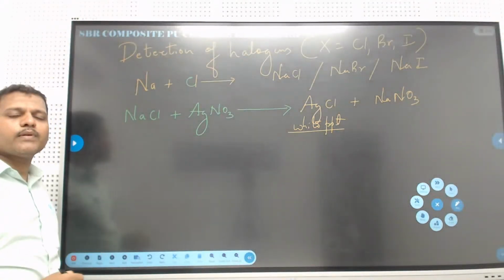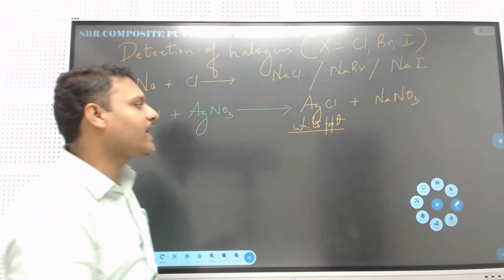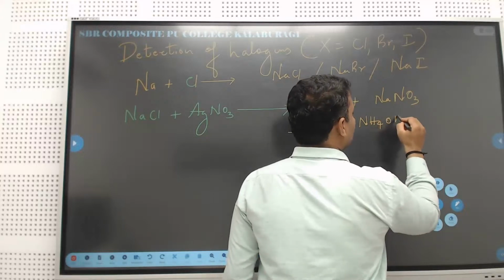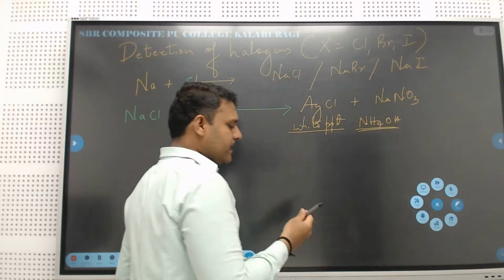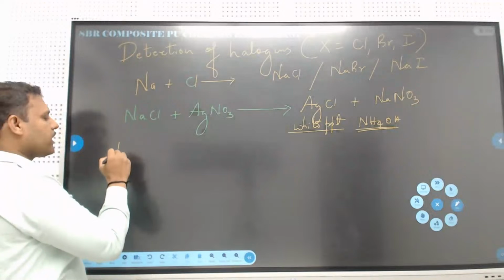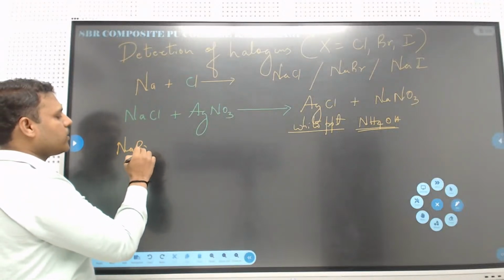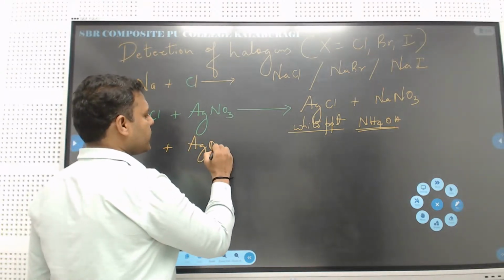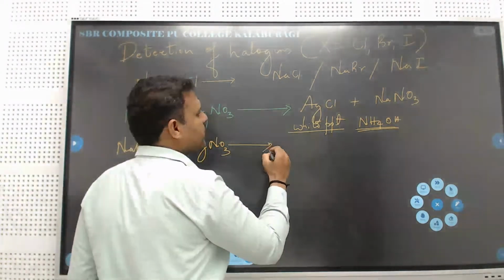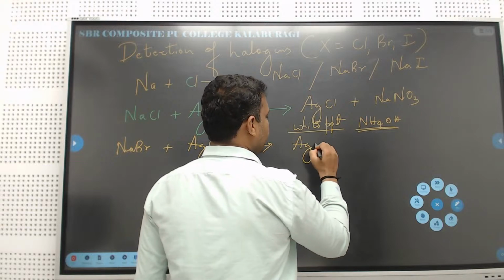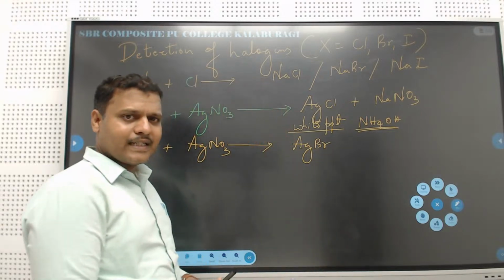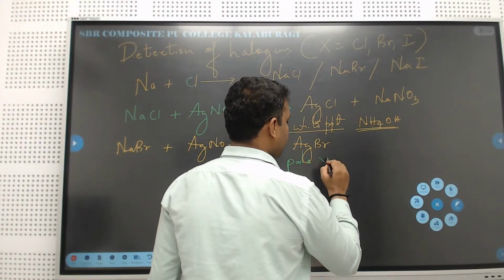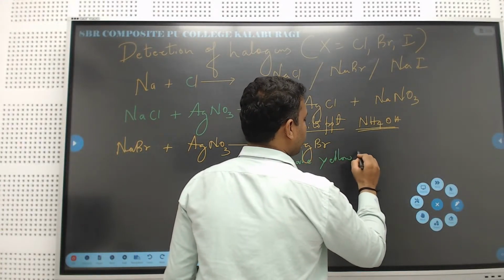which will be soluble in excess of ammonium hydroxide. Similarly, if the organic compound contained halogen Br, and it is treated with AgNO3, then we will have a precipitate of AgBr, whose formation is indicated by the appearance of a pale yellow precipitate.